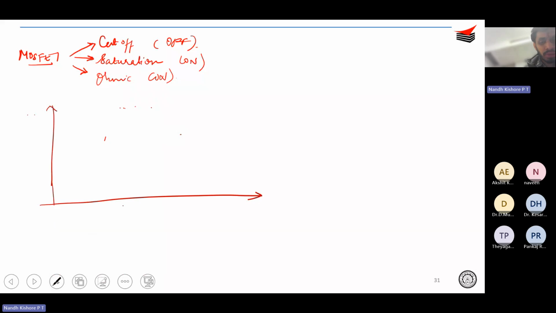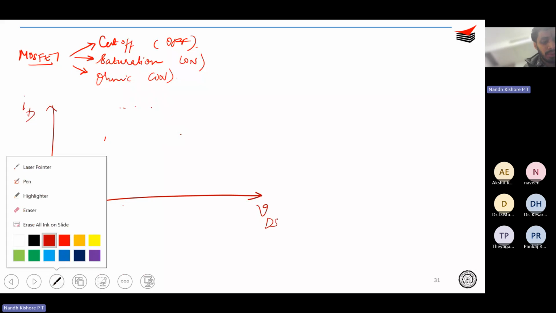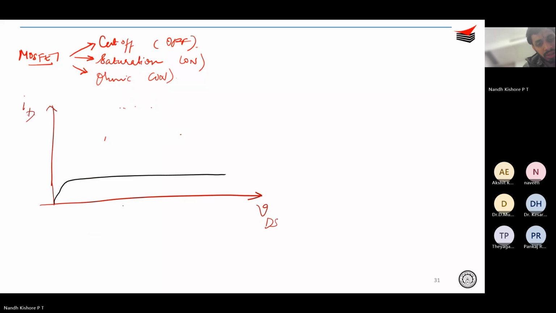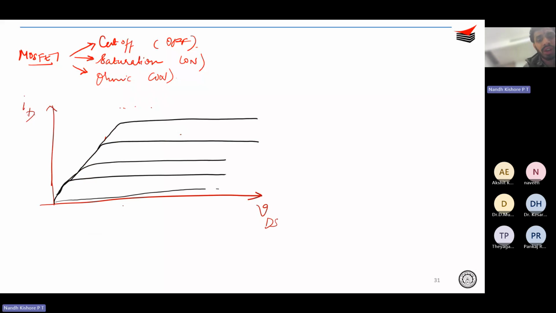Okay, so if you go through the VI characteristics, so this is your VDS and this is your ID. If you go through the VI characteristic, you will see something like this, and so on, right? So this is for increasing value of VGS. So VGS equal to, let's say, 2 volts.